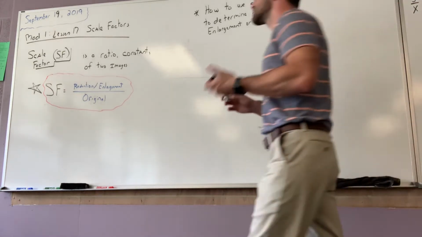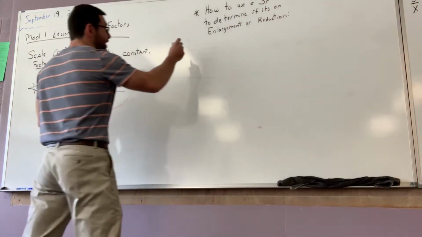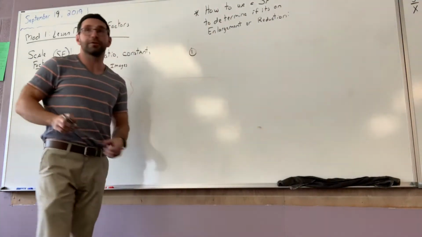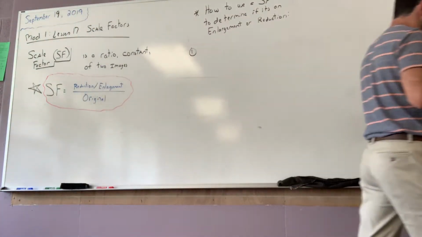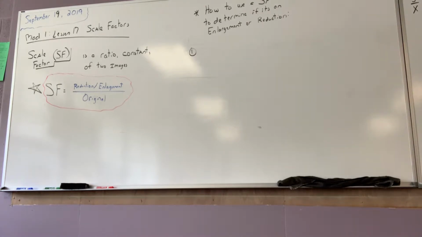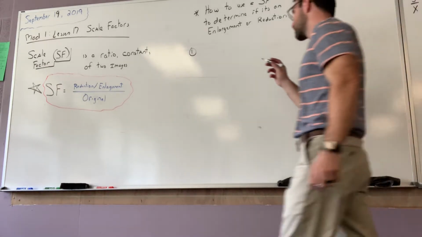How to use a scale factor to determine if it's an enlargement or a reduction. Well, let's go back to our first example. The very first thing we did was that sticker, which was proportional. Was it an enlargement or a reduction, and why, Gabe? Bigger. Yeah, it was an enlargement because it was bigger.